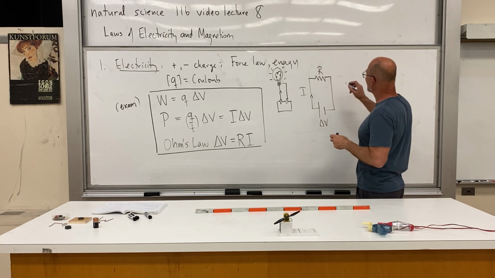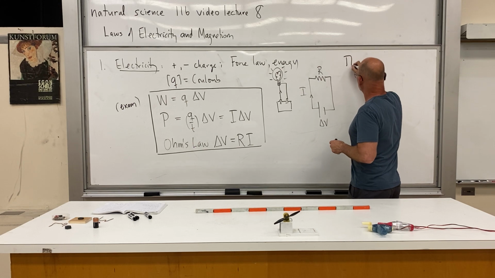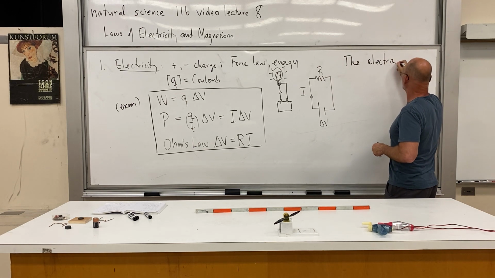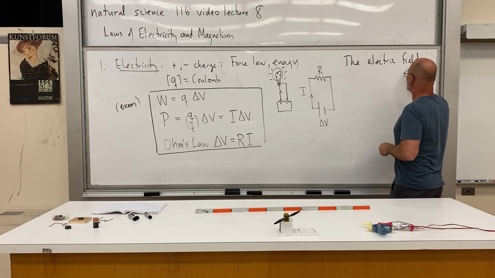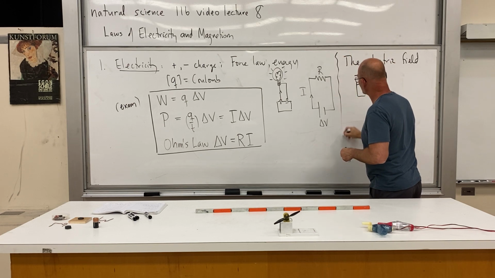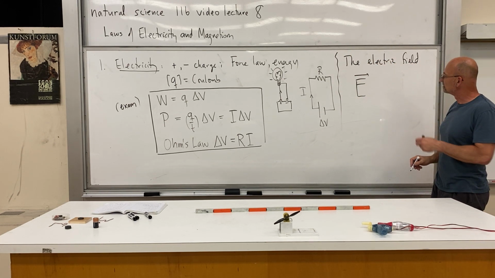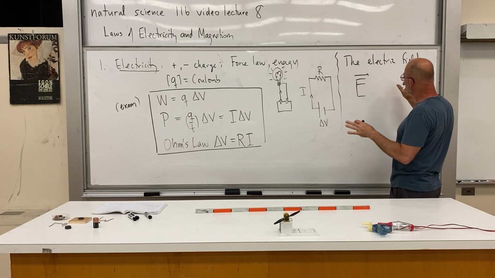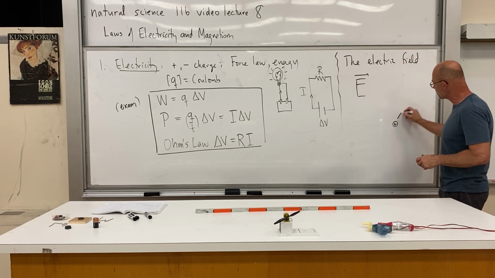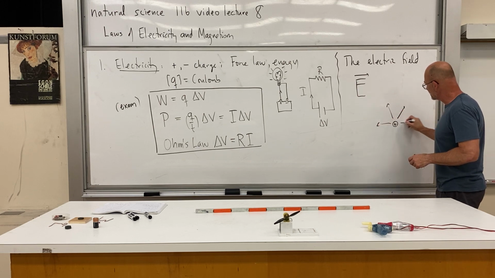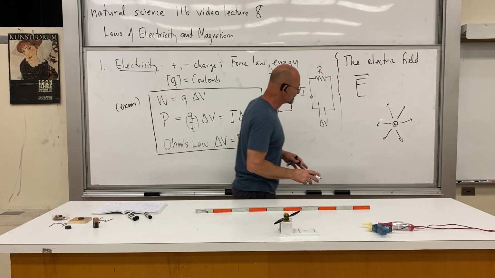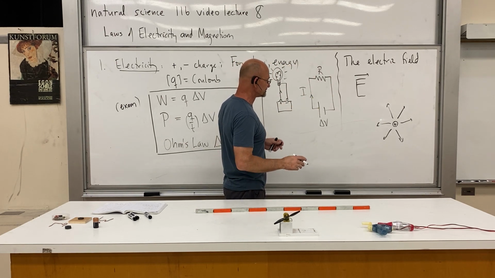However, I also had the electric field. And we're going to call it vector E. So the electric field is a vector, and it's what's there when you have, say, a positive charge. If you locate a positive charge here, you have a bunch of field arrows pointing out.